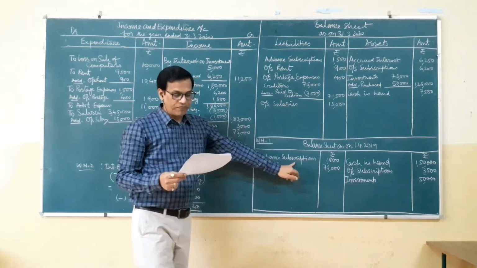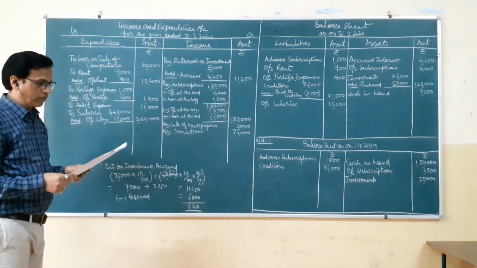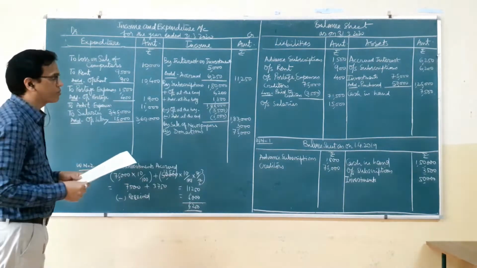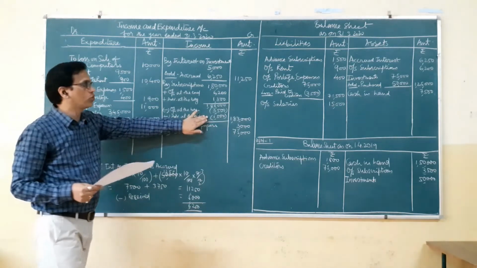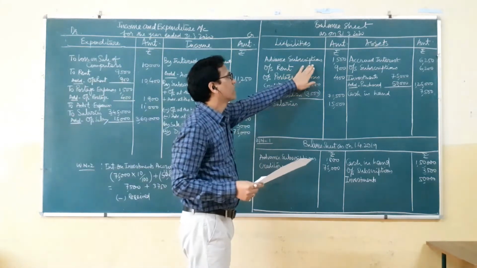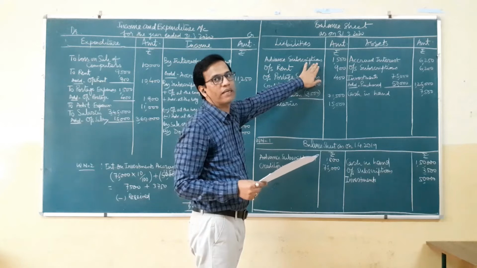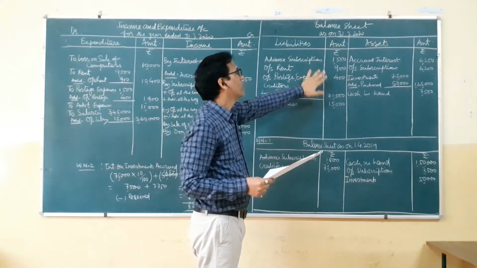So here you can see. Then on 31st March 2020 it was 1,500. So advance subscriptions at the end we have subtracted here in the income and expenditure account to calculate the subscription income, and we have taken it to the closing balance sheet at the end of the year on the liability side.